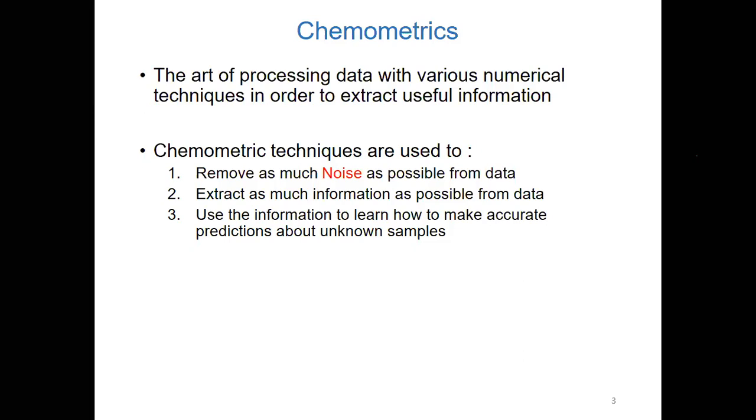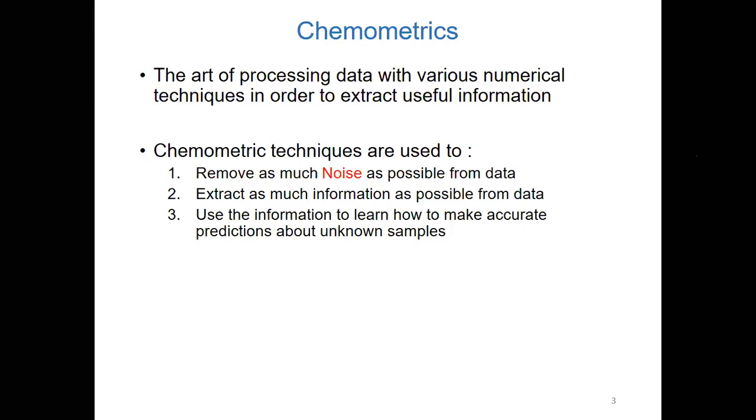And the third point is to use the information to learn how to make accurate predictions about unknown samples. So we have to use the chemometric techniques to use the information to learn how to make the right prediction about the unknown sample.